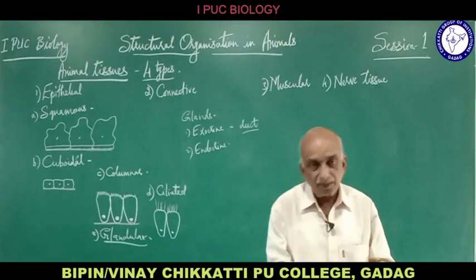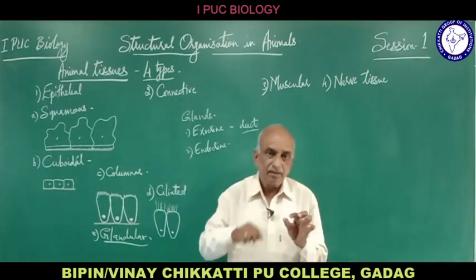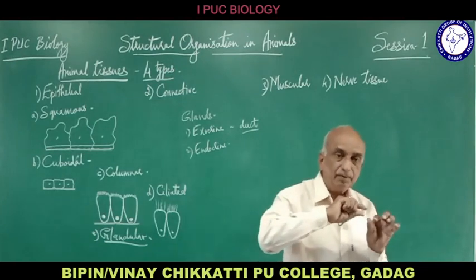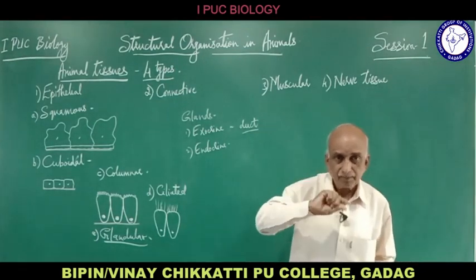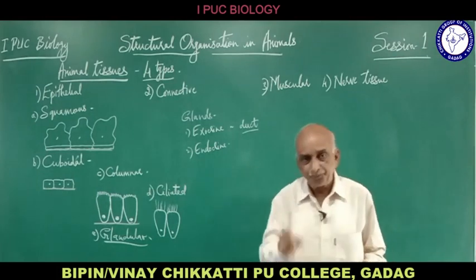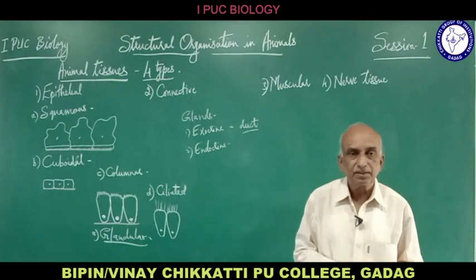This sweat gland is present at the base of the skin, and it has a duct. That duct carries the sweat, and that sweat spreads on the surface of the skin.